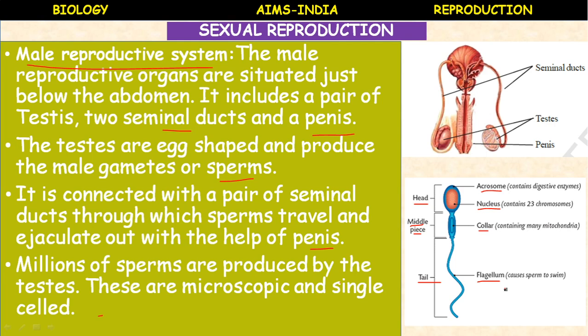The sperms are very small in size, and each has a head, a middle piece, and a tail. It appears to be a single cell. The sperm is a single cell with all the usual cell components.